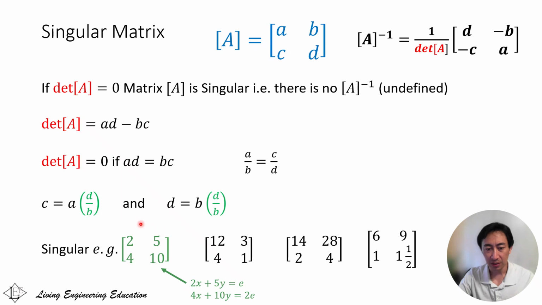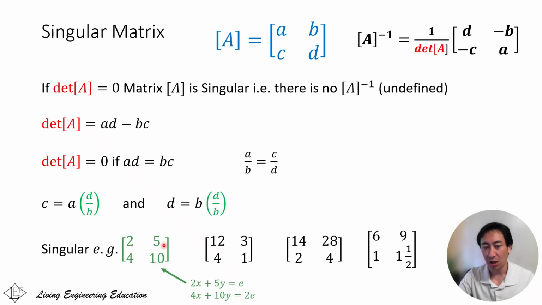Well, if I just look at this example here, remember from the previous slide, we said that we can use a matrix to help us define a set of equations. Well, when you have two unknowns, you need two distinct equations to help you solve for these unknowns, right? So let's say E is some arbitrary constant, right?